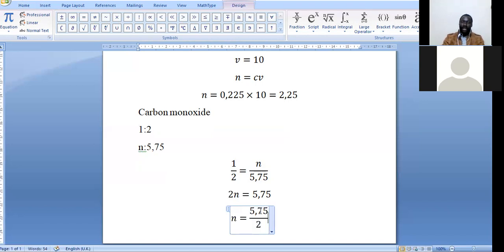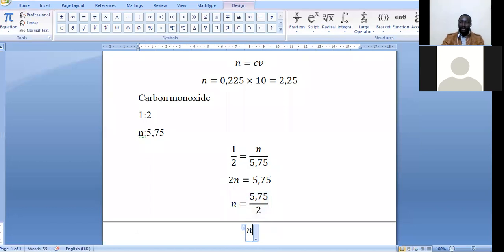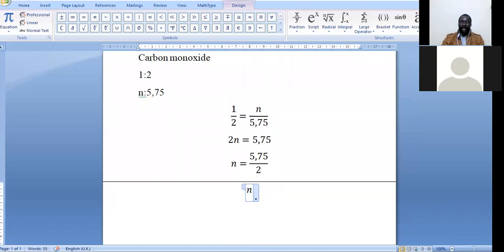We use our calculator, and that gives us n equals 2,875. Is it 875? Yeah, it's 875. So this is how we calculated it.